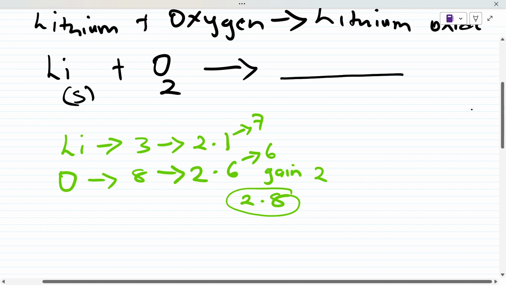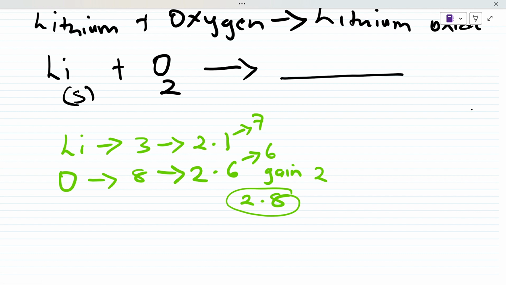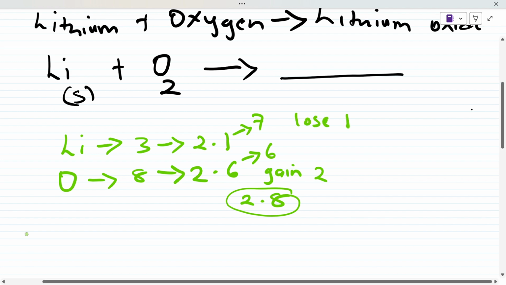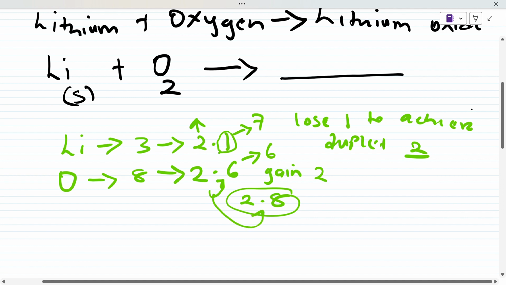And lithium cannot gain 7, but it will tend to lose 1 to achieve the duplet rule. Duplet means double, to achieve a 2 electronic configuration in its outermost shell. Because when this one goes, it is only this that will be remaining. But when 2 electrons are added here, at the end of the day, we'll be having this configuration. It is very key that you understand that.